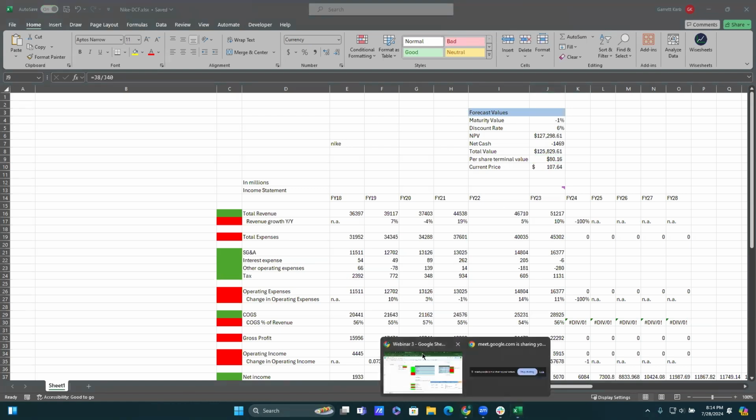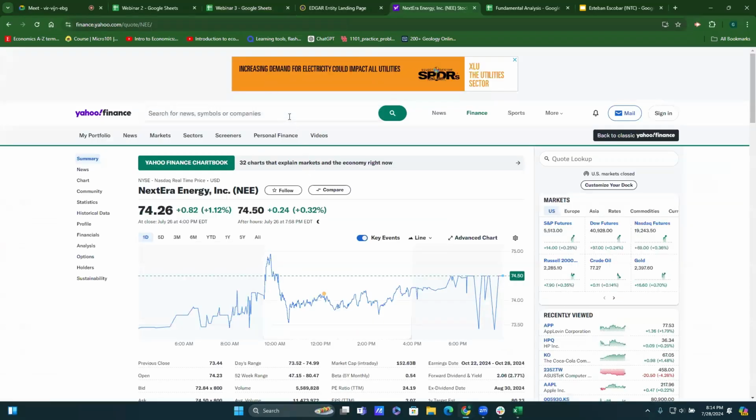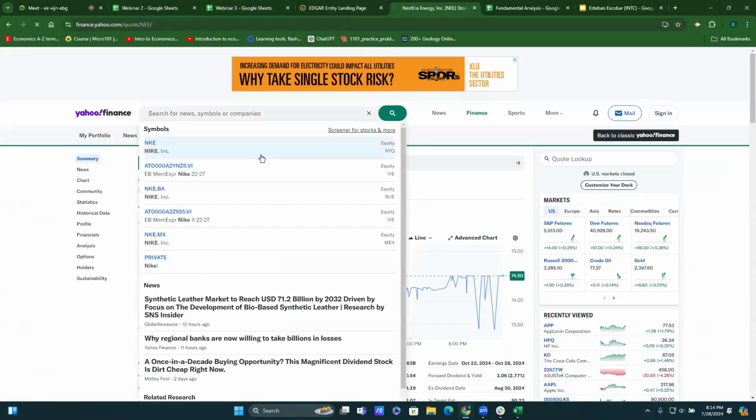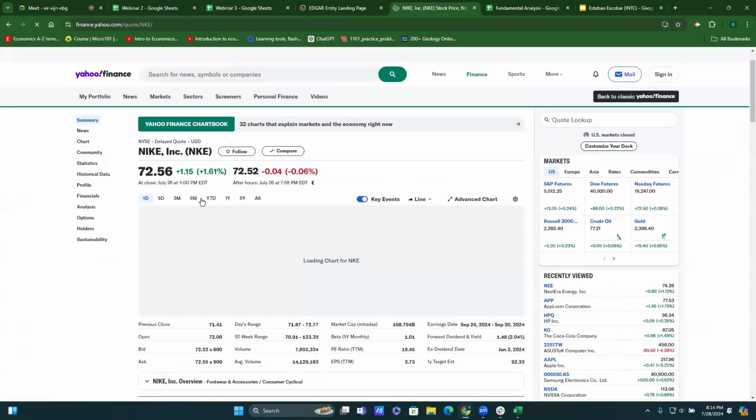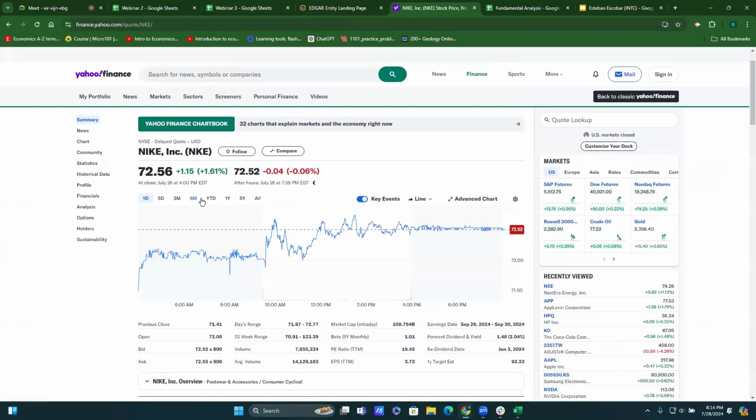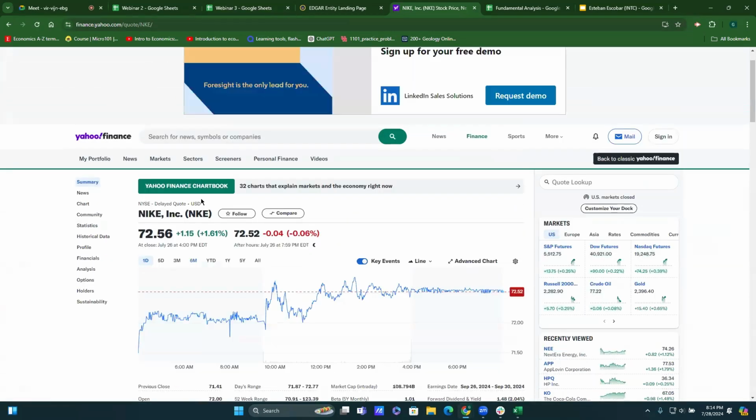Now, let's go look at it right now. Let's see what Nike's trading at. Nike's trading at $72. So obviously, your model isn't going to be spot on, but I just assumed a short on Nike with my model, which is outstanding.